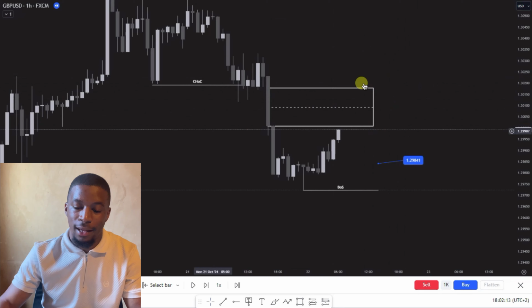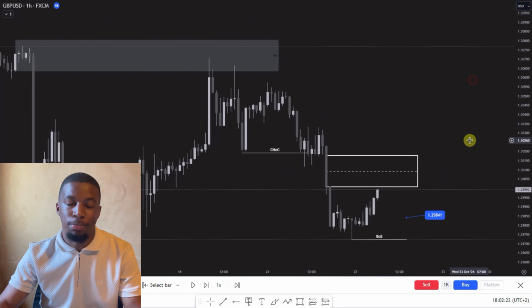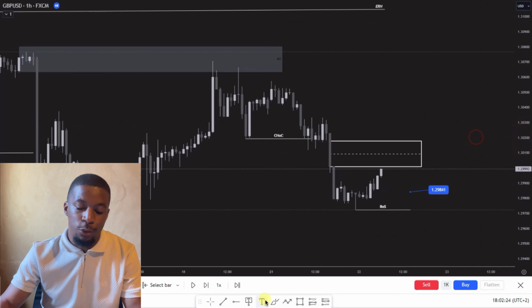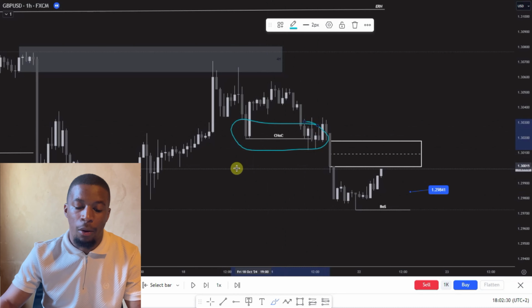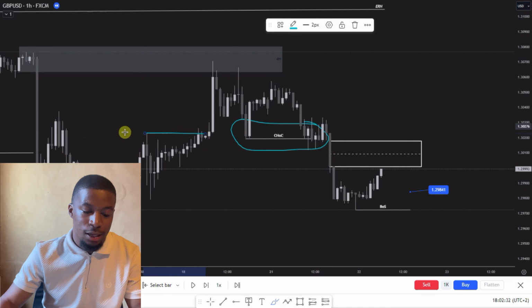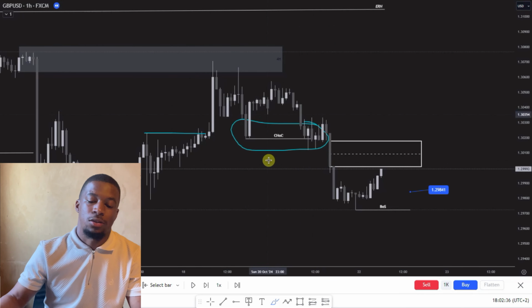So we can see that as much as we have a 4-hour point of interest here, on the 1 hour we begin to refine the market to properly see structure being built up. And we can see that as we zoom down to a lower time frame, at which point did the market go from breaking buy side liquidity, going to the upside, to then beginning to break sell side liquidity.